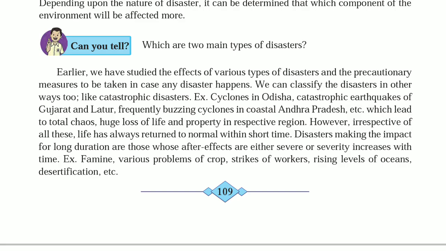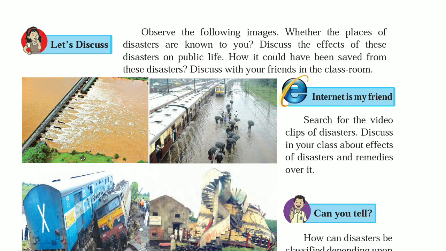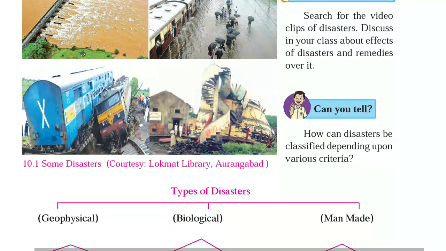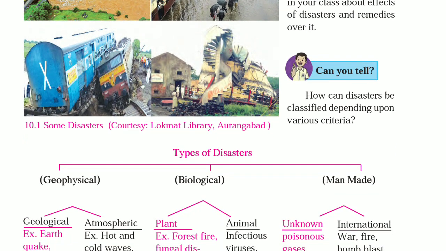Disasters making an impact for long duration are those whose after effects are either severe or severity increases with time. For example, famine, various problems of crops, strikes of workers, rising levels of oceans and desertification, etc. How can disaster be classified depending upon various criteria?